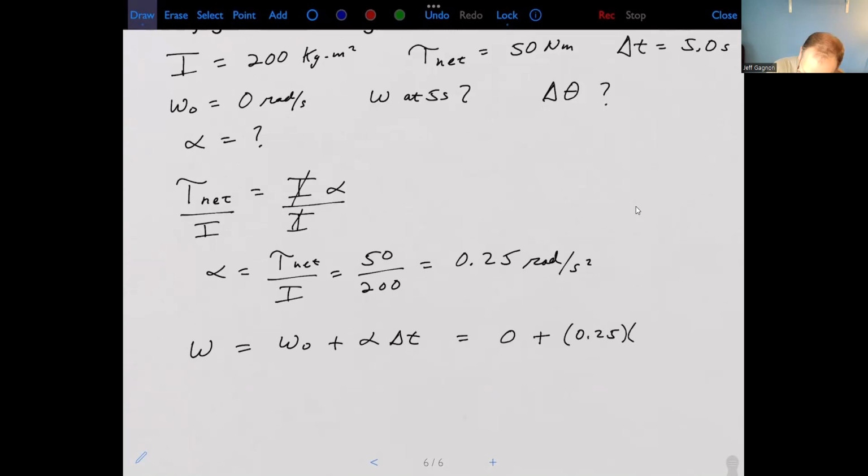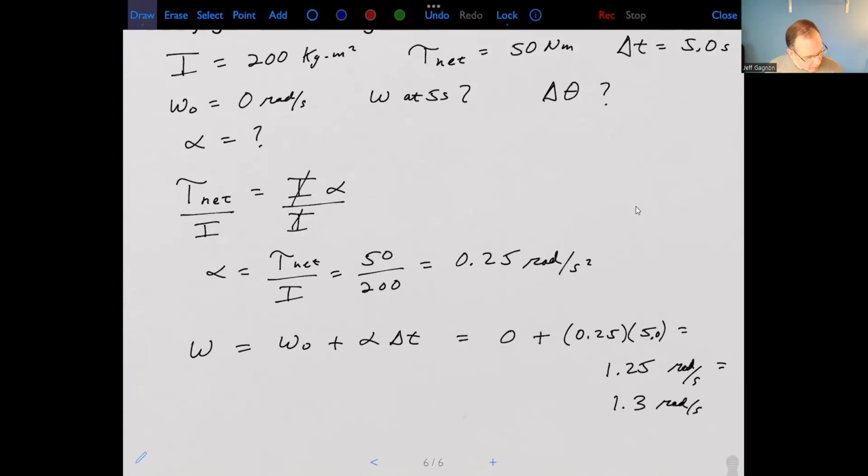And then we want to calculate this for after 5 seconds. So it looks like the angular speed or angular velocity after 5 seconds is going to be 1.25 radians per second. And if I assume that 5 is 5.0, then really this is like 2 sig figs. So if we're being very careful, this should be 1.3 radians per second.